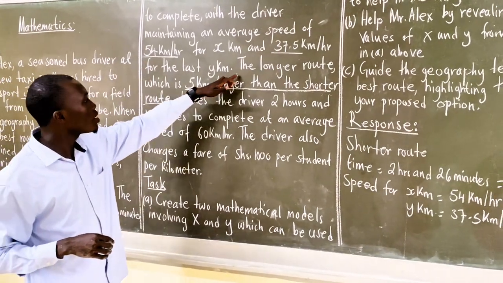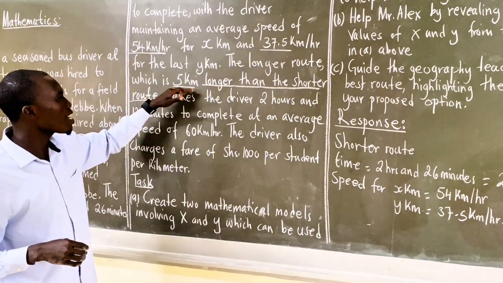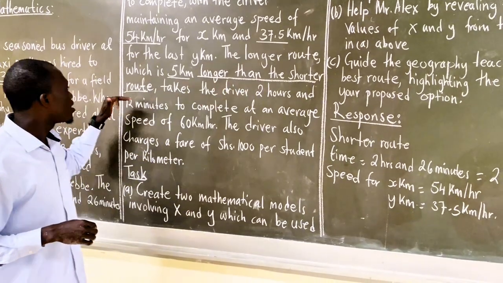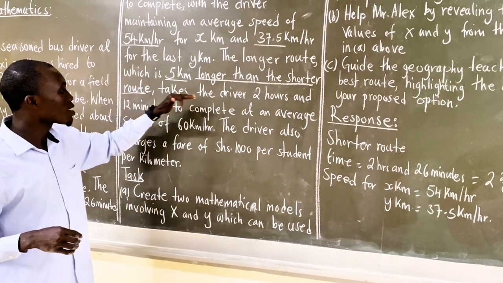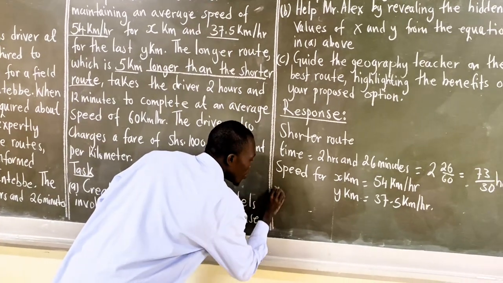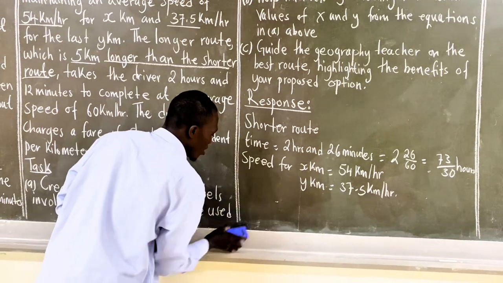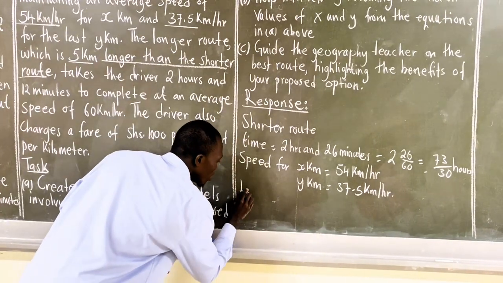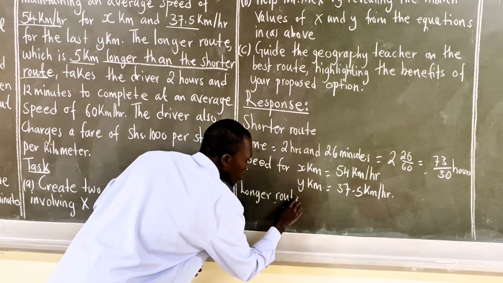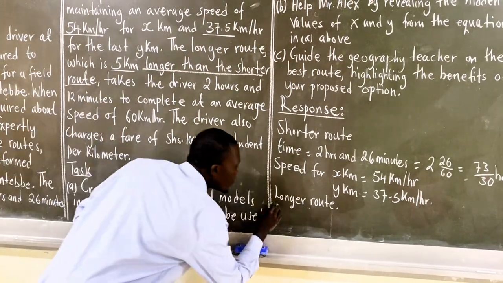Then let's read the longer route. The longer route, which is 5 kilometers longer than the shorter route, takes the driver 2 hours and 12 minutes. So if we write down what we have been given for the longer route, we have the speed.